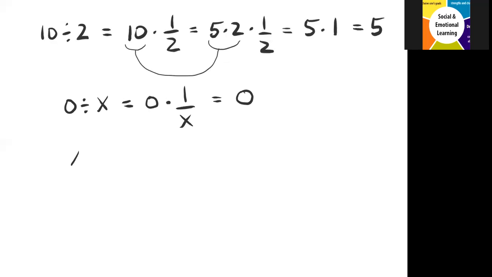What about if I have x divided by x? Well, we're going to write it as the reciprocal multiplication here. So x times 1 over x. These two statements are equivalent. I'm dividing by x, which means I'm multiplying by 1 over x. What's x times 1 over x again?